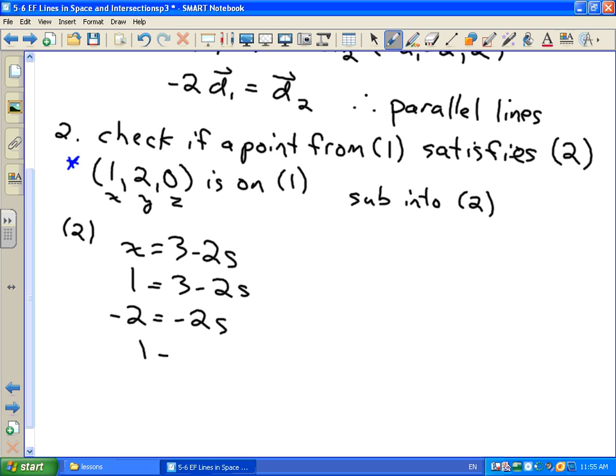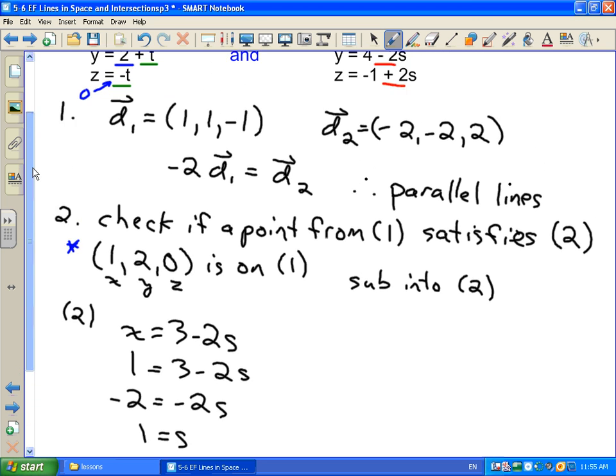This gets us s equals 1. Okay? So if the value of the parameter in line 2 is 1, s equals 1, then we get the x value that we want. That s value has to also give us the y value that we want and the z value that we want in order for this point to be on line 2.